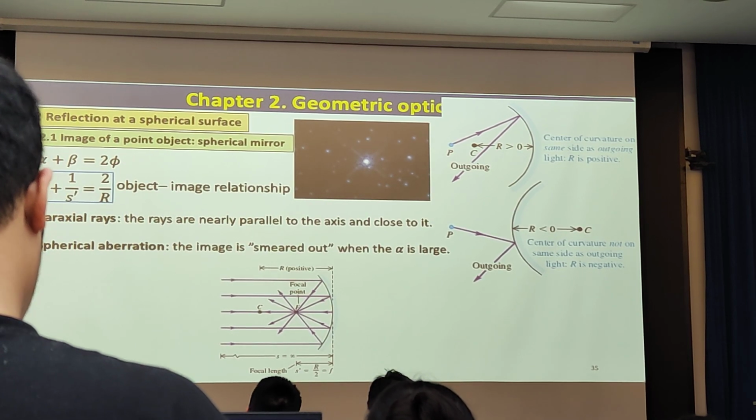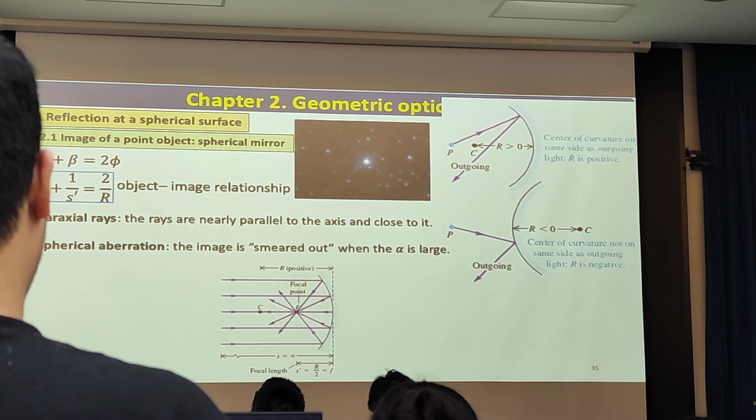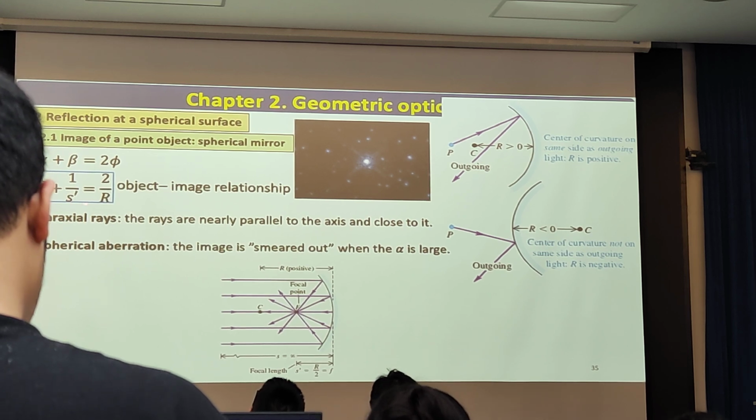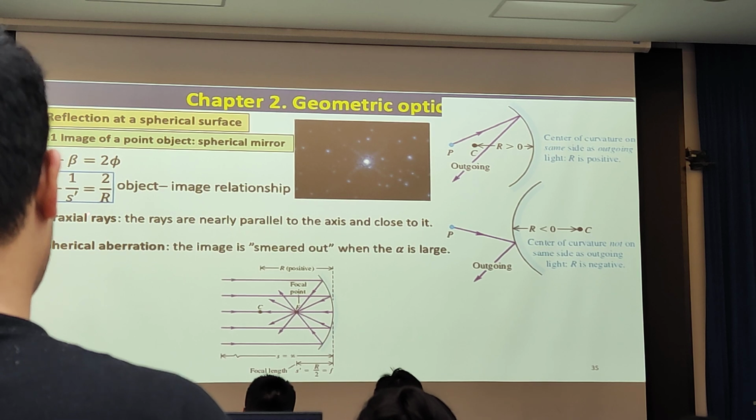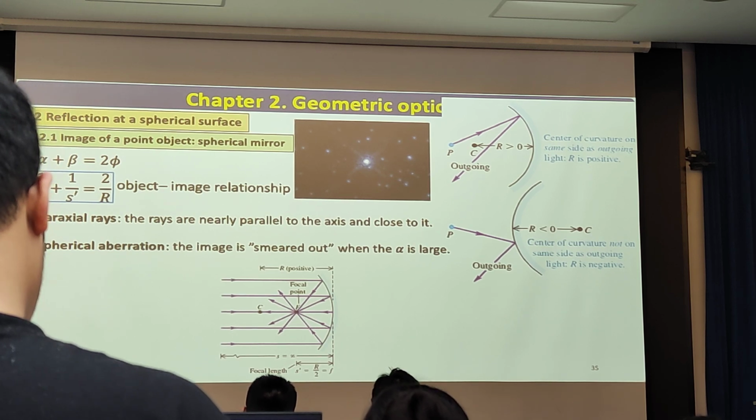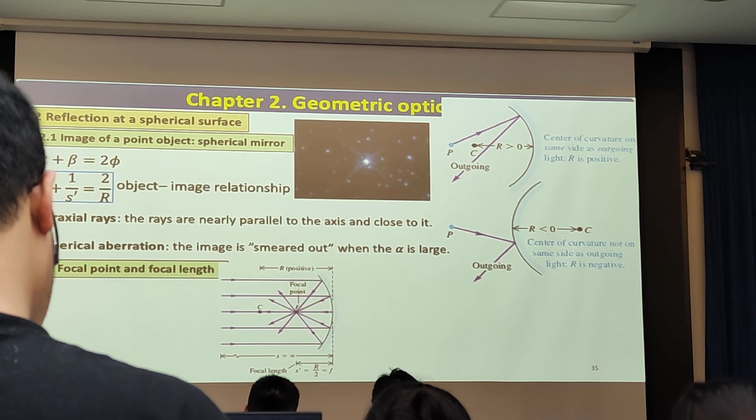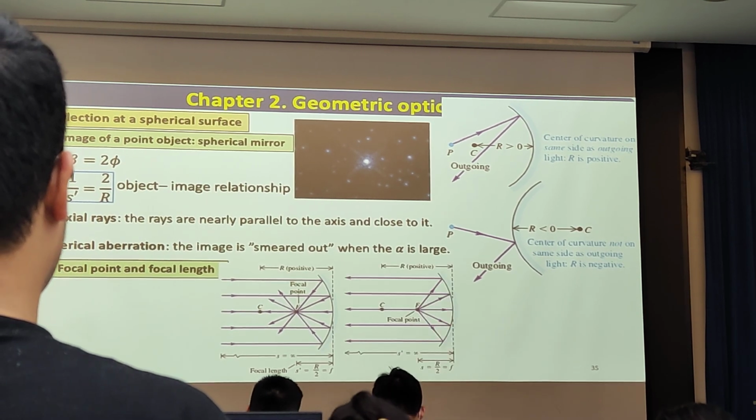And we see that in that case, if s goes to infinity, 1 over s prime equals 2 over R, or s prime equals R over 2, half of the radius. So that's the condition here. And the name of this, we have the focal point and focal length concepts.